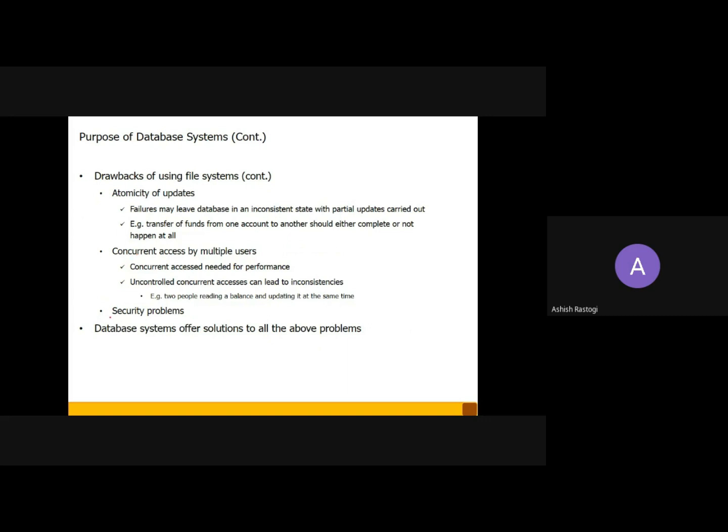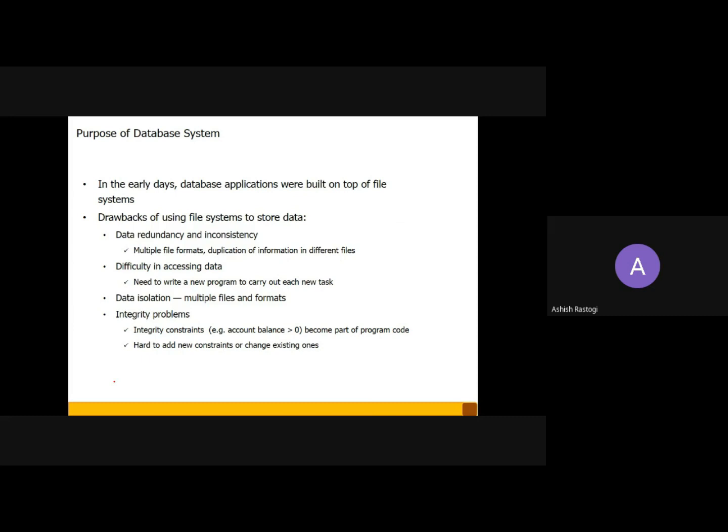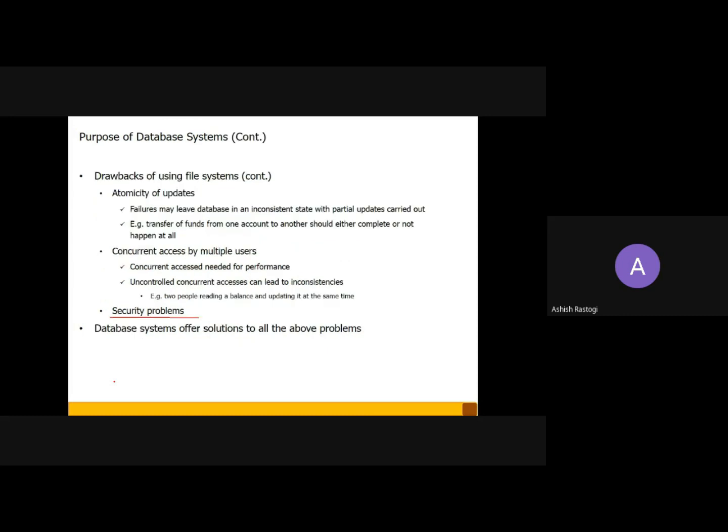Security in the file system is not sufficient, but the DBMS is very secure, so no unauthorized person can steal your data. So the database management system offers a solution to all the problems we discussed: data redundancy, inconsistency, difficulty in accessing data, data isolation, integrity problems, atomicity of updates, concurrent access by multiple users, and security.